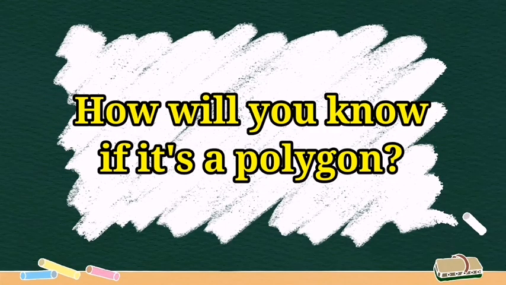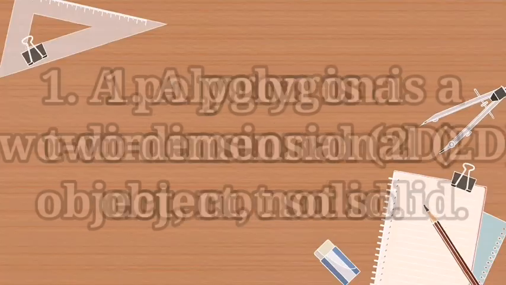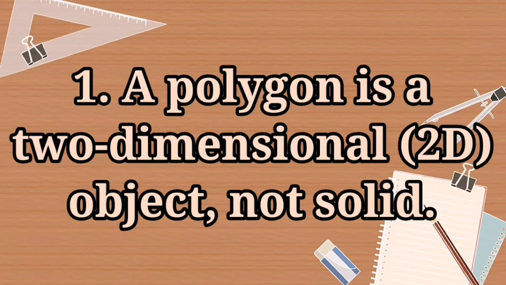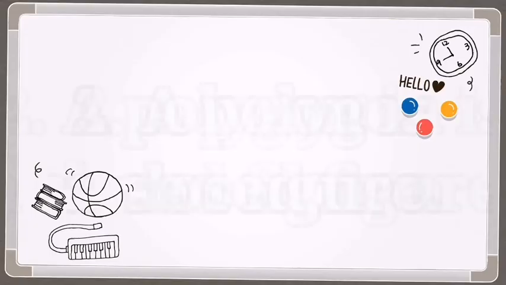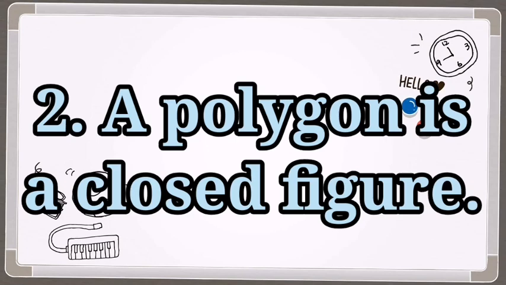But how will you know if it's a polygon? First, a polygon is a two-dimensional or 2D object, not solid. A cube is a 3D object, so it is not a polygon. Next, a polygon is a closed figure.